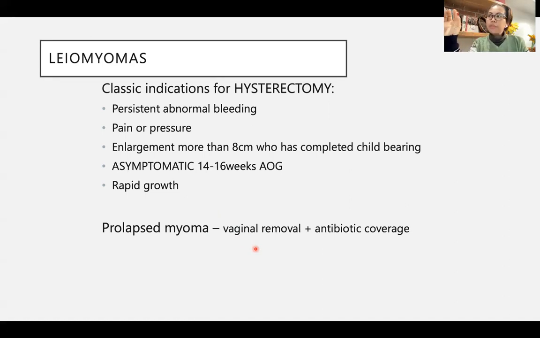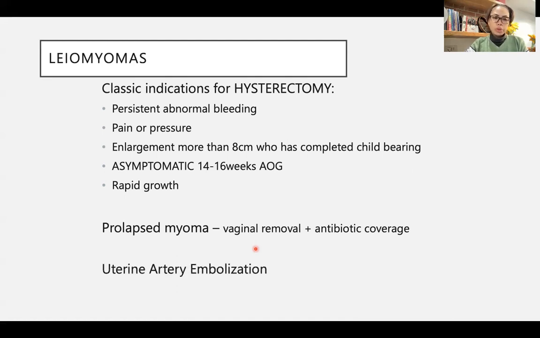What I do is, if the peduncle is very thin, I just twist it from the base and then give antibiotic coverage. However, if the base is very thick, we have to use sutures and remove the prolapsing myoma, and then do curettage just to make sure that we don't leave anything behind. And of course, antibiotic coverage.